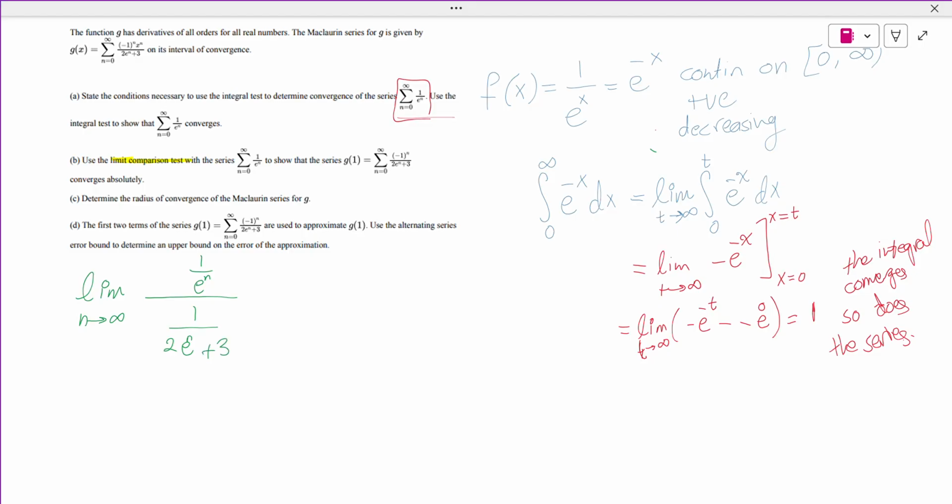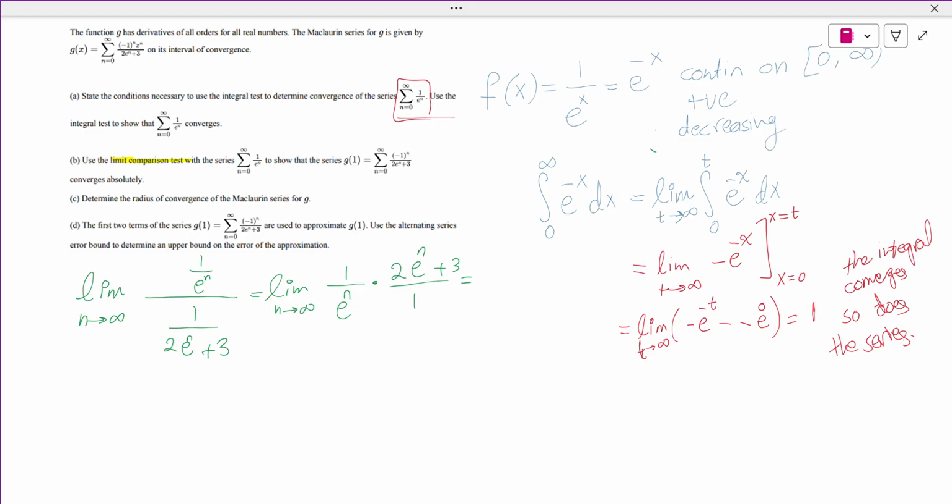So I just ignored the negative 1 raised to n. I was looking at the limit as n approaches infinity, of 1 over e to the power of n times 2e to the power of n plus 3.